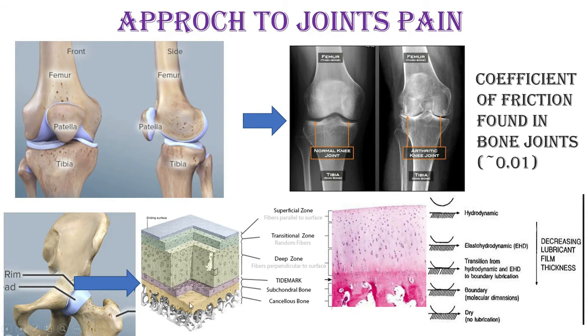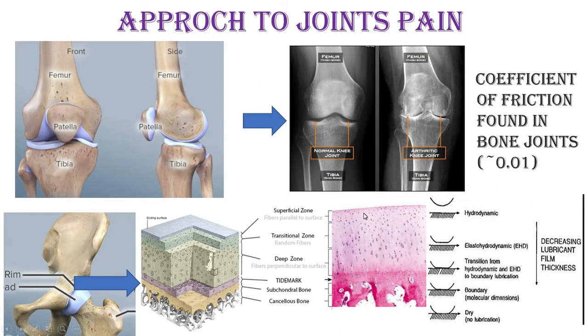Now, the articular cartilage is full of chondrocytes. In the deep area, the chondrocytes are vertically placed, but in the superficial region, they are placed parallel or transversely.